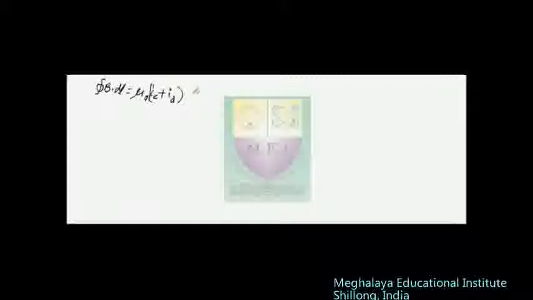So I can write it as mu naught into IC plus mu naught into the displacement current. Now what was my displacement current which I just found out? It is nothing but mu naught into epsilon naught d phi b, that is the magnetic flux. So this is my final expression.